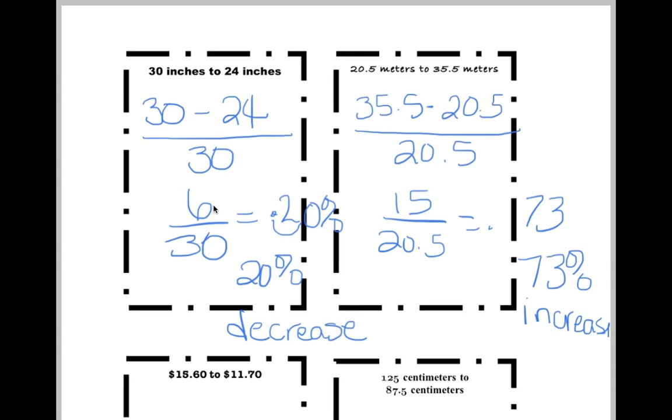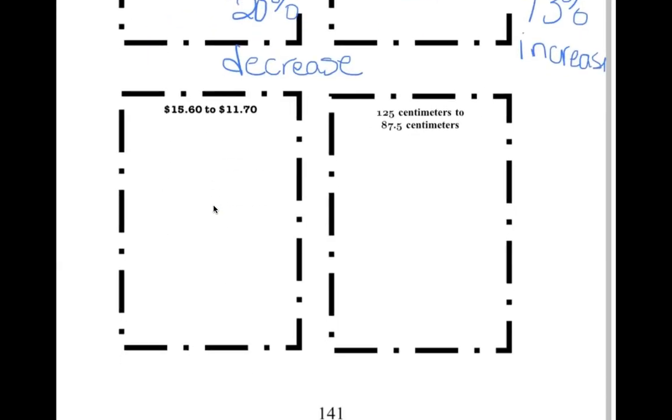Okay, let's do a couple more. $15.60 to $11.70. This is a percent of decrease because the price is going down. So we subtract $15.60 minus $11.70 and then divide it by the original, which is $15.60.